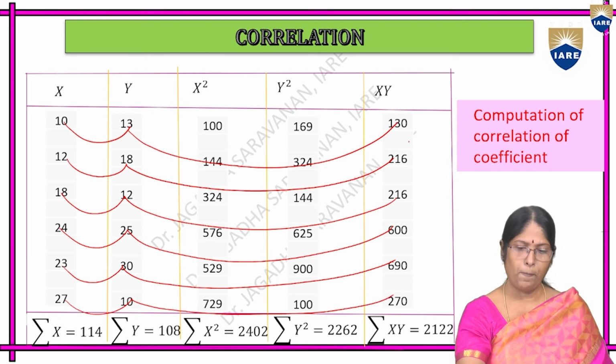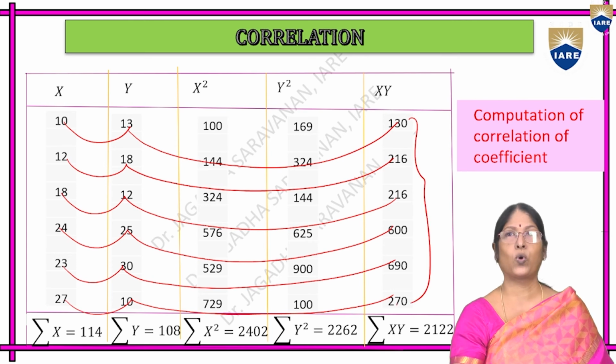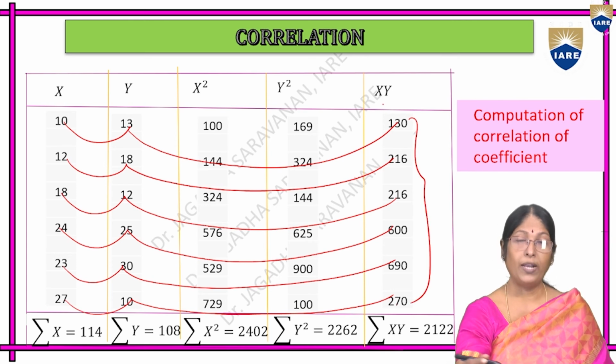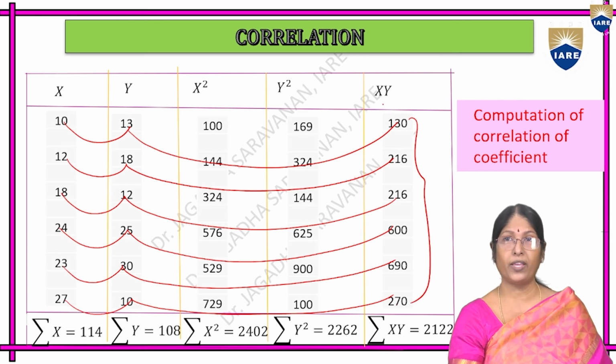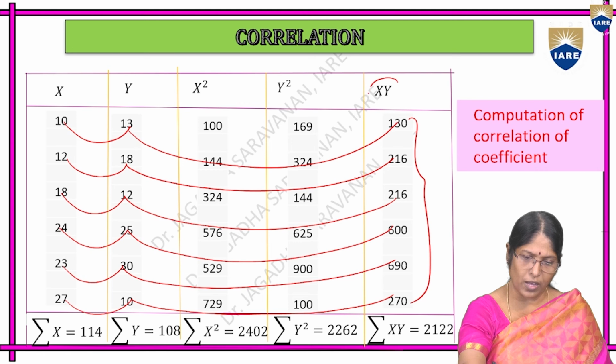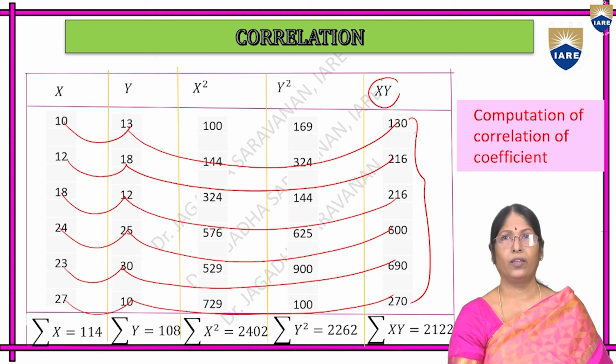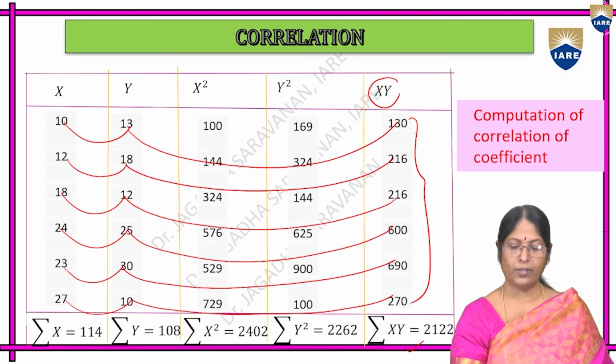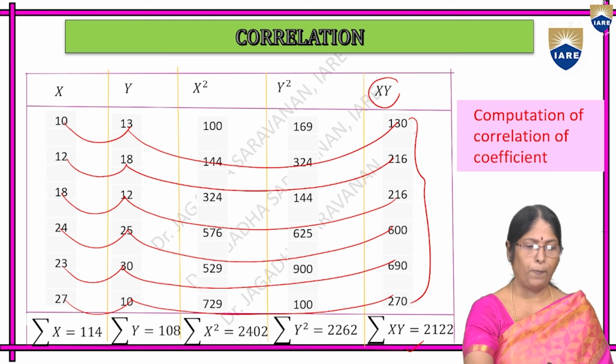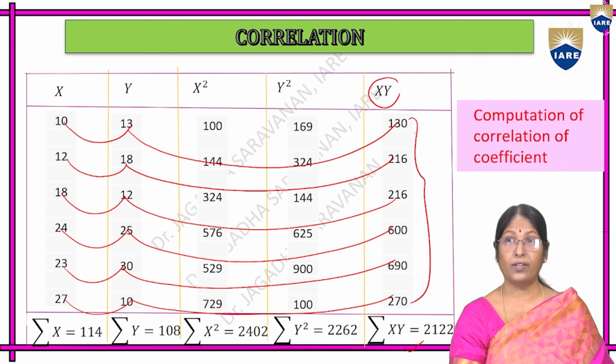Now we completely added this column, that is the multiplication of the two variables, x and y, the term value of xy. We added the summation of xy, and it is 2122. So the complete table for the computation of the correlation coefficient is constructed.